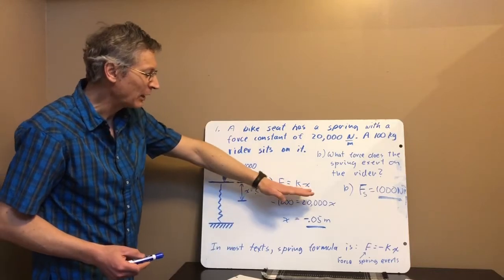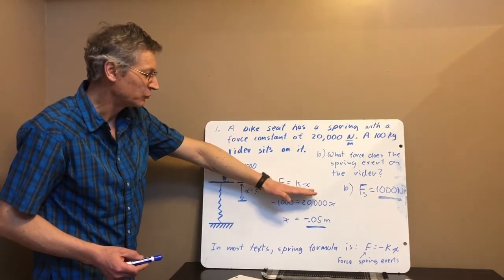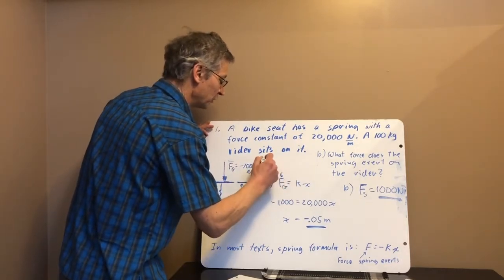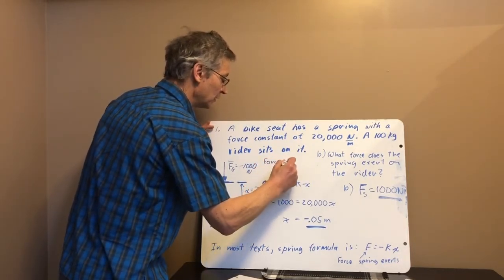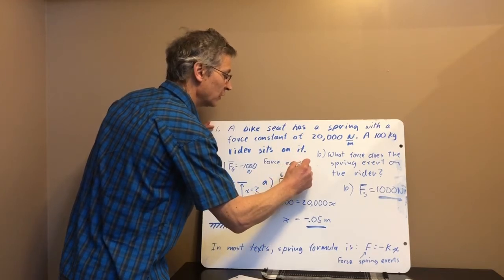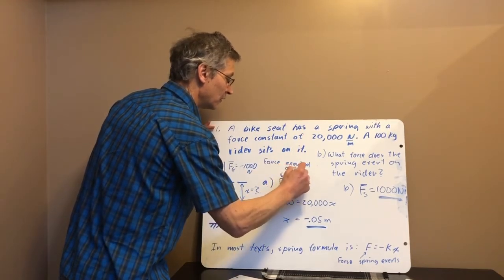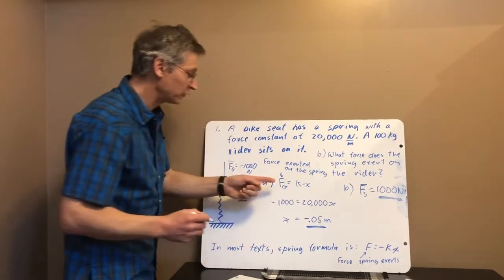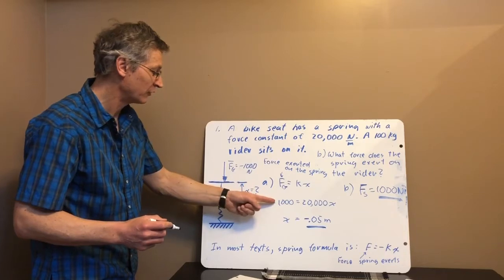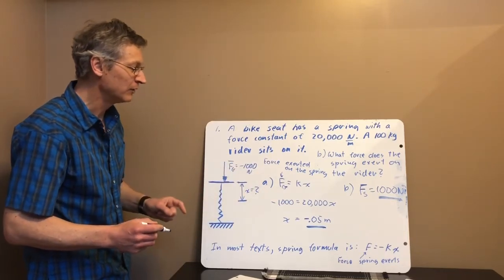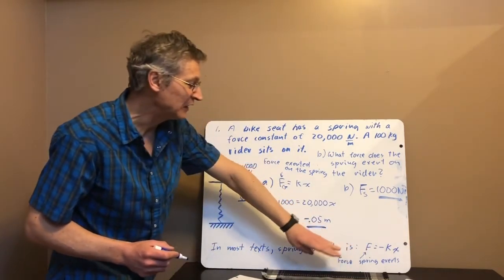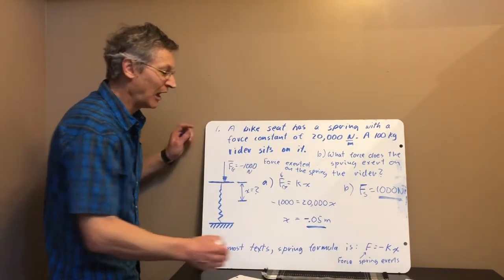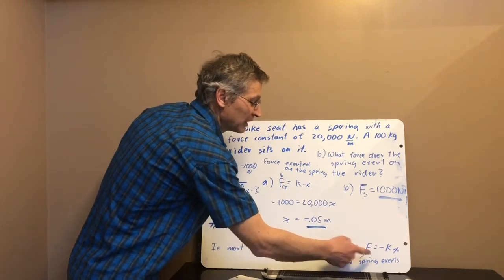Well, when it's written like this, that force is the force exerted on the spring, and in our case the force exerted on the spring was negative 1,000 newtons, the force of gravity. If you see the equation written like this, F equals negative kx, F is the force the spring exerts.